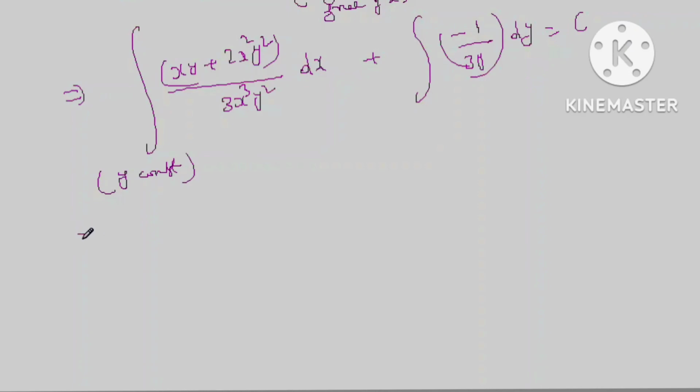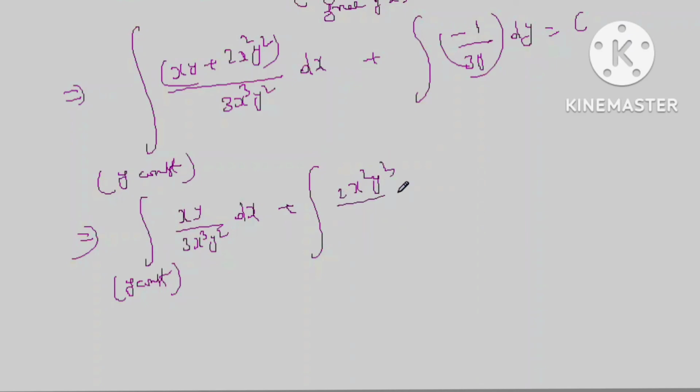So this implies, now writing this integral as separate terms, integral xy by 3x cube y square dx, y constant, plus integral 2x square y square by 3x cube y square dx. Again in this y is constant. Minus 1 by 3 is a constant, integral 1 by y dy is equal to c.